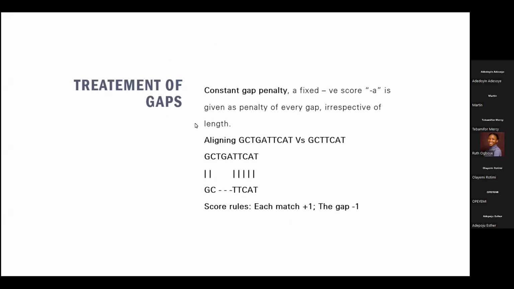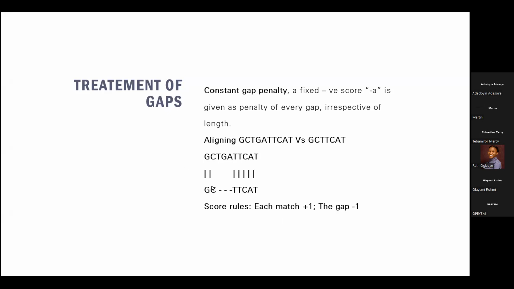So this penalty rule states that any gap you have, so far they are in the same region, let me put that caveat, so far they are in the same region, the score is -1. So even if there are 5 gaps following each other, it will be -1.